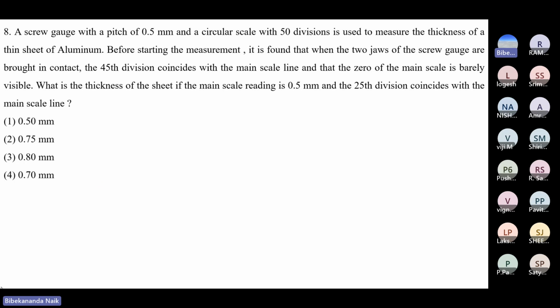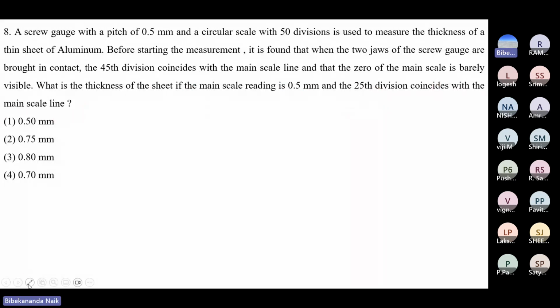Before starting the measurement, it is found that when the two jaws of the screw gauge are brought in contact, the 45th division coincides with the main scale, and the zero of the main scale is barely visible. What is the thickness of the sheet if the main scale reading is 0.5 mm and the 25th division coincides with the main scale line?